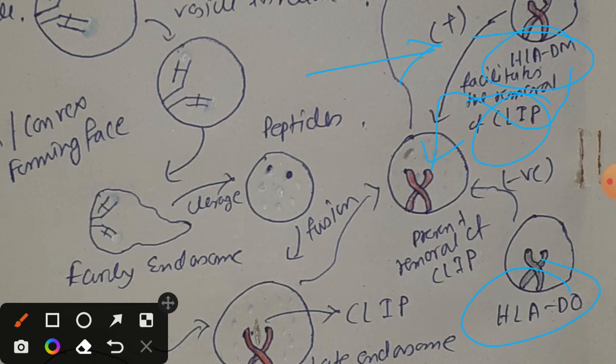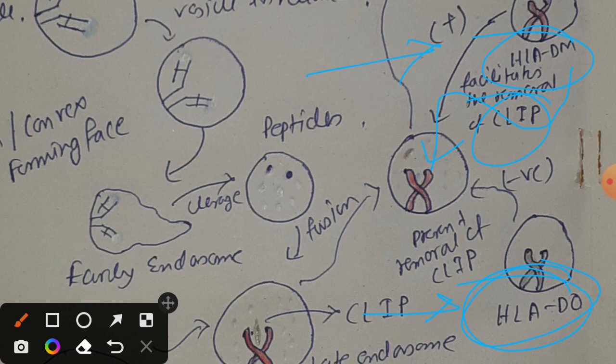They are waiting to be presented to CD4 T cells. On the other hand, HLA-DO will tell that clip, you will not move, you will remain there where you are now.